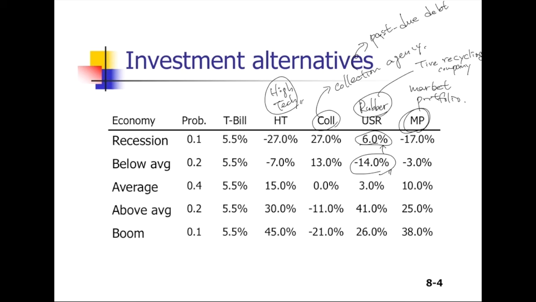Why does this happen? Because in a market recession, car owners just replace the tire, right? So there are many tires to recycle, and they get more profit from that, USR. So their expected return goes up in the market recession.